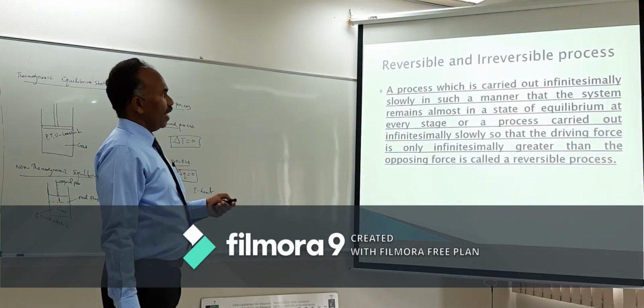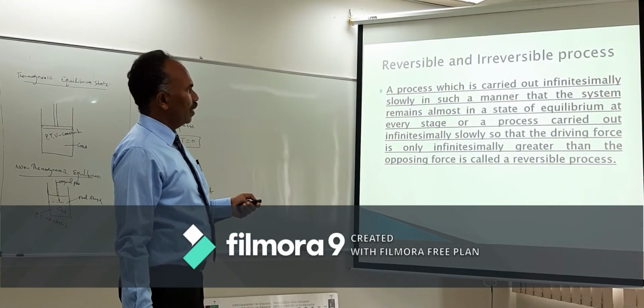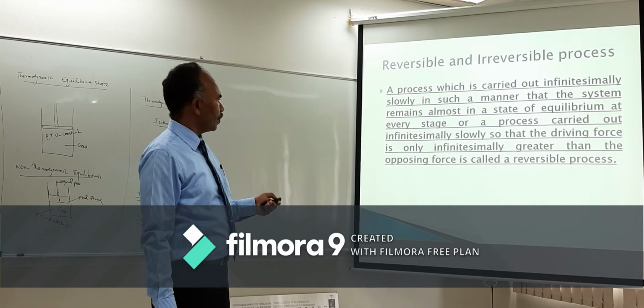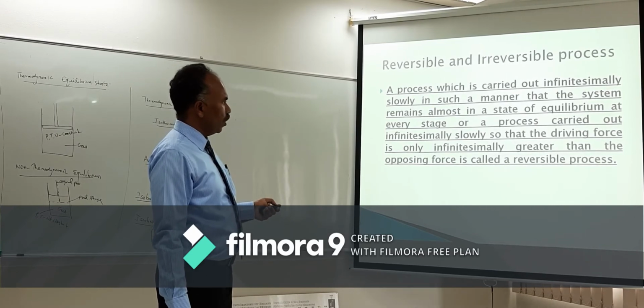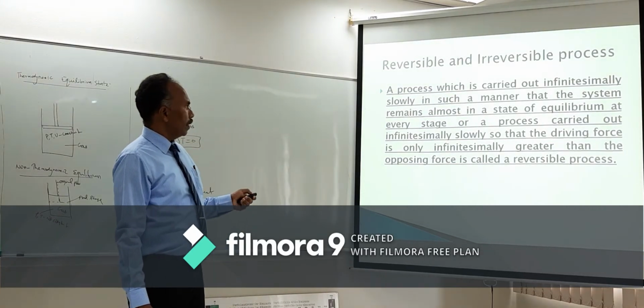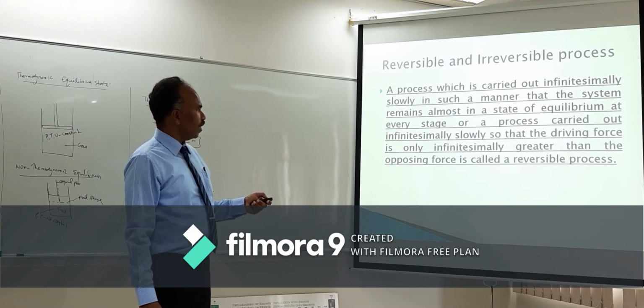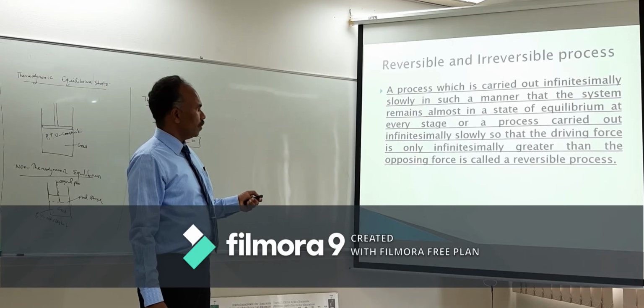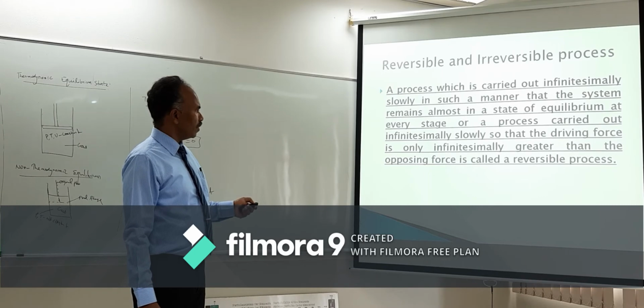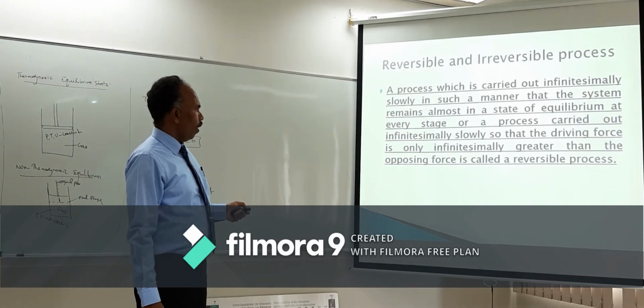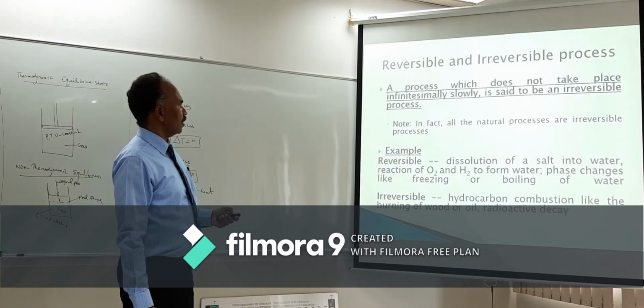The process which is carried out infinitesimally slowly in such a manner that the system remains almost in a state of equilibrium at each and every stage, or a process carried out infinitesimally slowly so that the driving force is only infinitesimally greater than the opposing force, is called a reversible process.